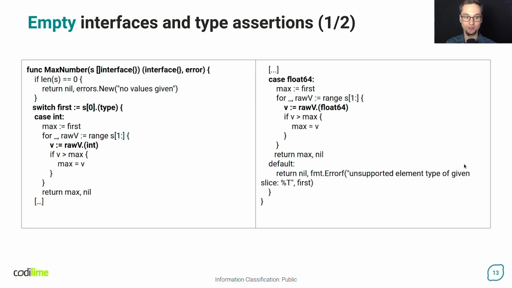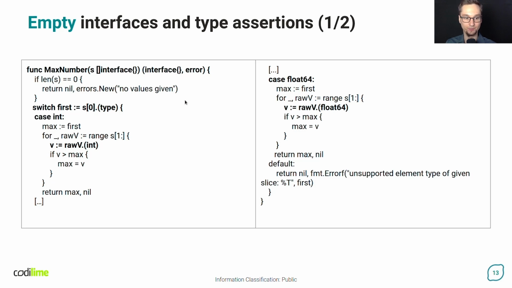Another technique is operating on empty interfaces, to box input data and using type assertions to unbox that data inside the algorithm. So one can define a max number function which takes a slice of empty interfaces, and such a function would return an empty interface as well.